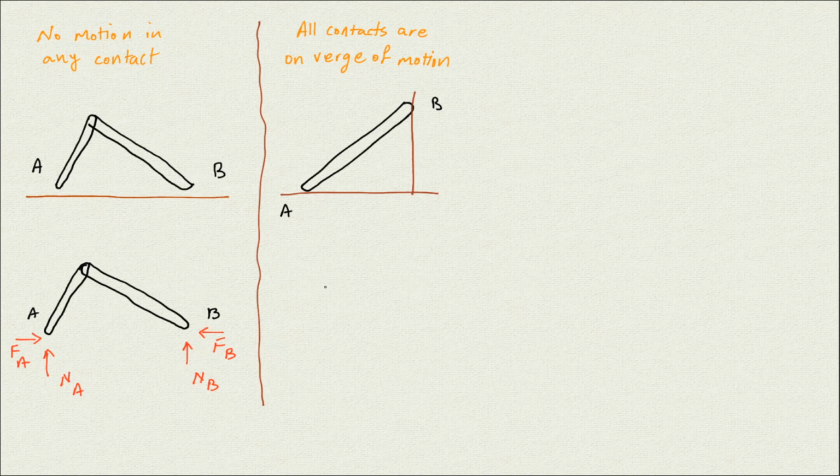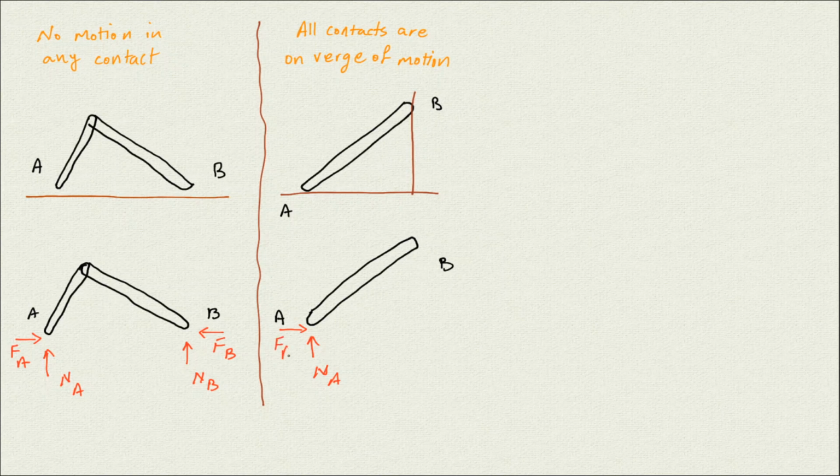In that case, we simply draw the free body diagram of that object. With A here and B here, we put a reaction on each. We have NA, and in this case it's going to move to the left, so FA is going to be to the right.